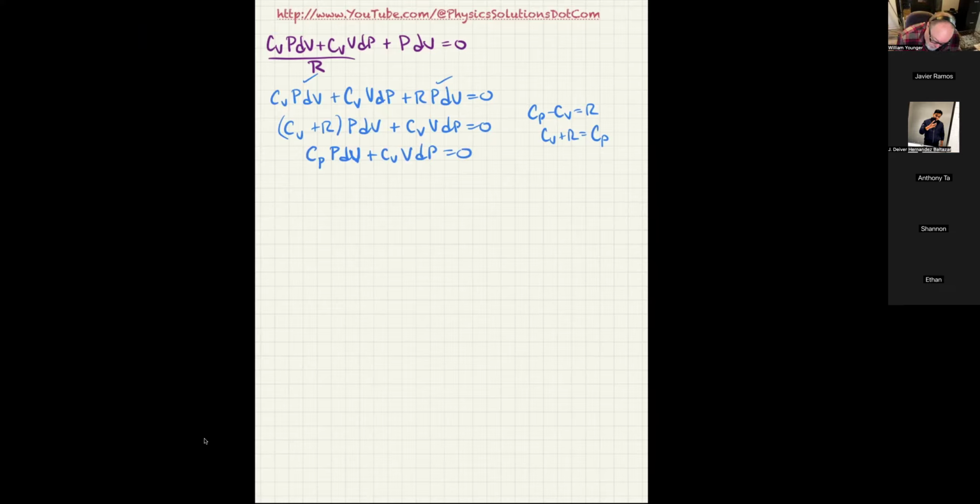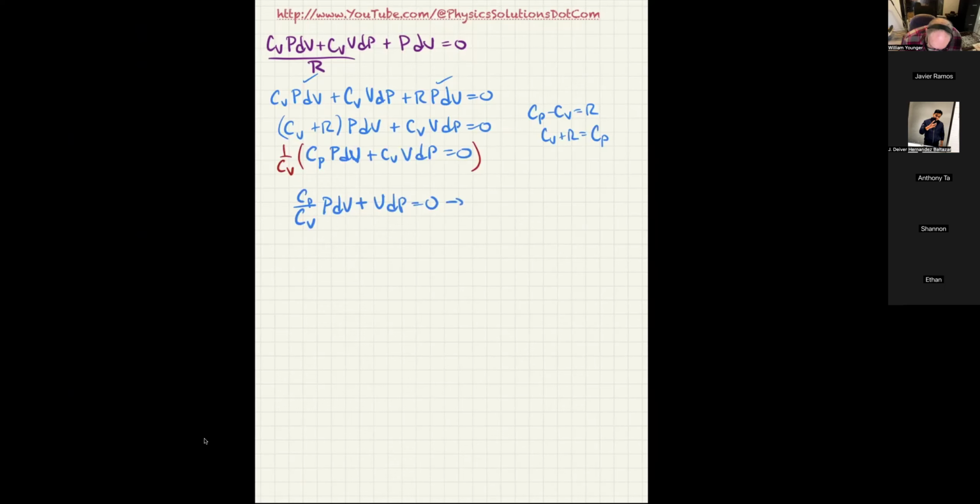Now what I'm going to do is multiply both sides by 1 over CV. When I do that, I get CP over CV times P dV plus V dP is equal to 0.